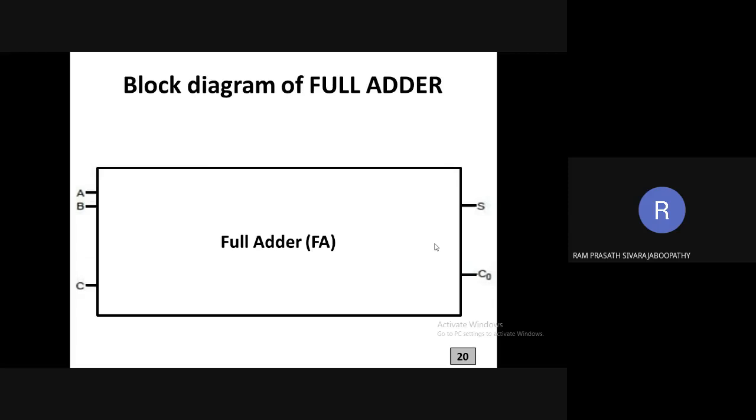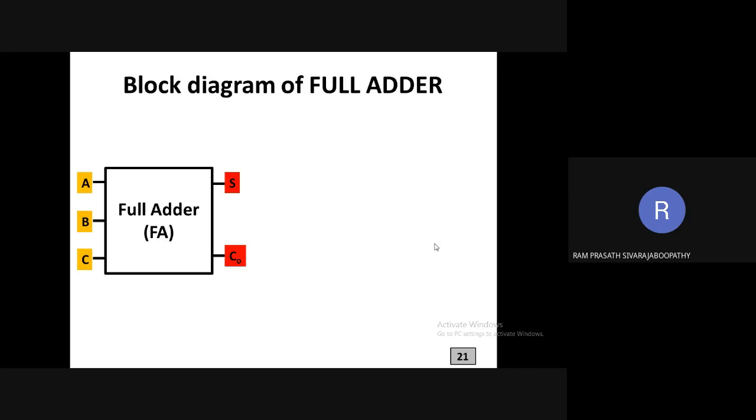A, B, C are the inputs, S and C out are the outputs. Is it clear for you? A block diagram is nothing difficult. You put the inputs and outputs, and the whole logic circuit is enclosed in a square box or rectangular box, whatever it may be. Is it clear for all of you? You have to understand the block diagram representation.